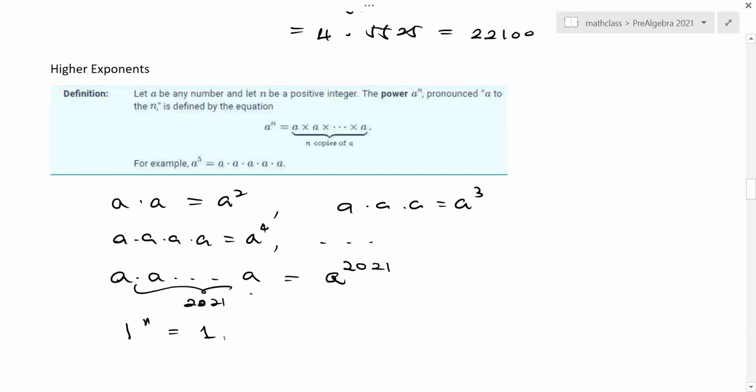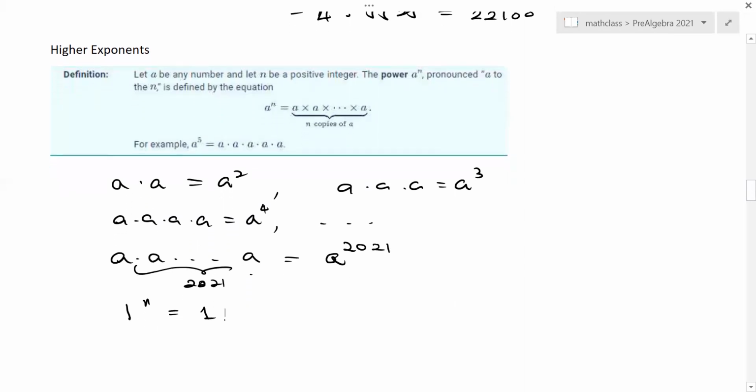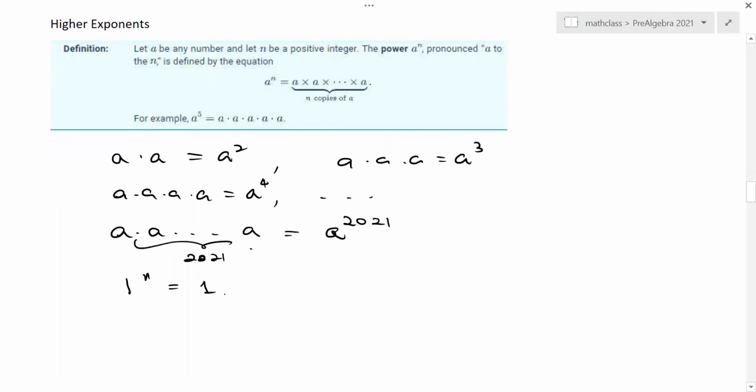So 1 times 1 is going to be equal to 1. That's obvious.